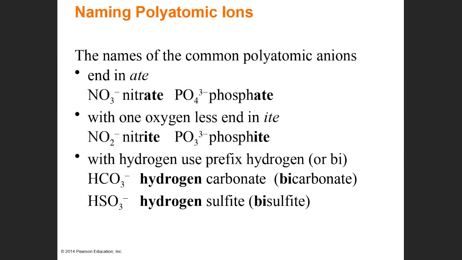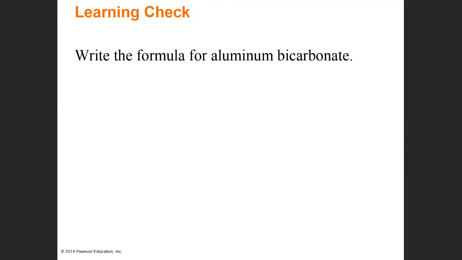Okay, bicarbonate, also hydrogen carbonate, is HCO3 with a -1 charge. So there's our negative ion, HCO3 with a -1 charge. And aluminum is just like all the other aluminums we've counted, it's always +3. Okay, so the name is just aluminum bicarbonate, positive ion, negative ion.